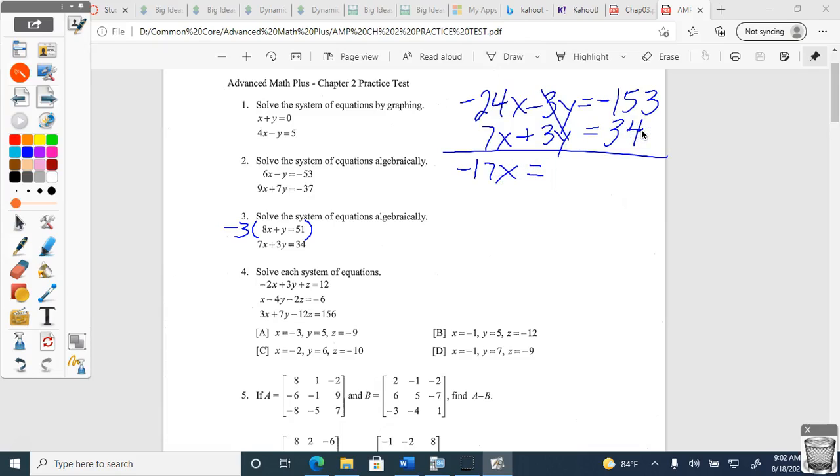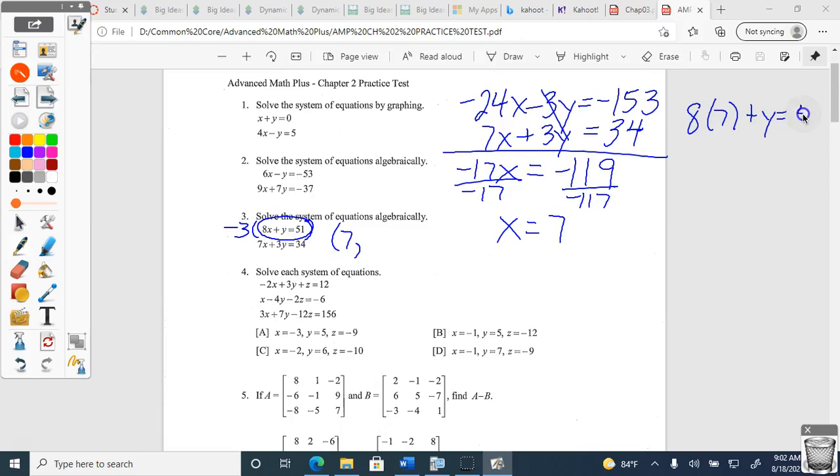Equals -119. All right, I'll take your word for it. And divide that by -17 for me. I assume we get 7? Yes. All right. So I know this is 7. Now I get my y, plug in. Again, I'm going to plug it into the top one here. 8 times 7 plus y equals 51. 8 times 7, last time I checked, was 56.